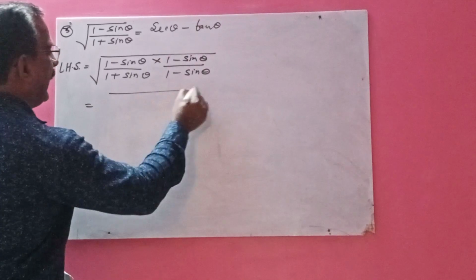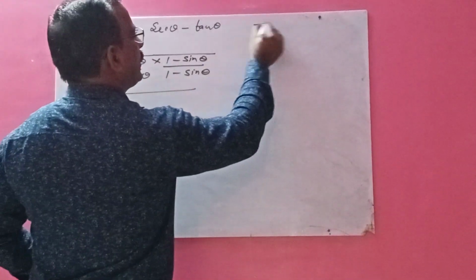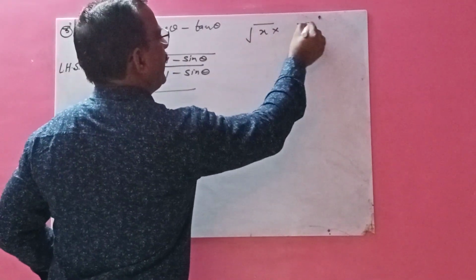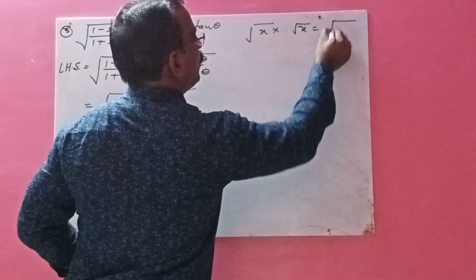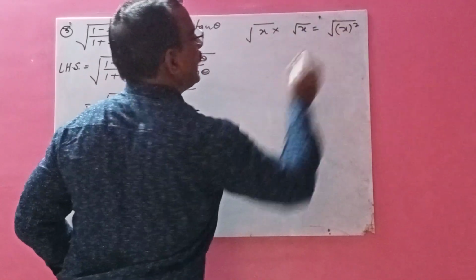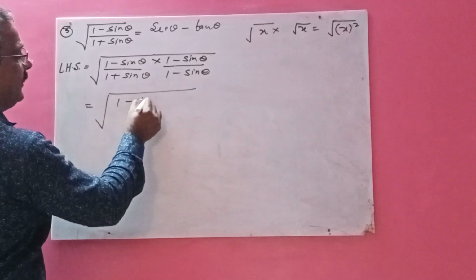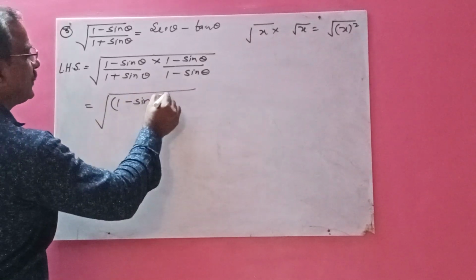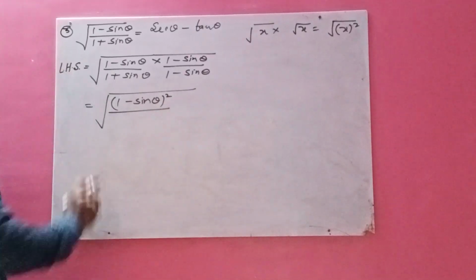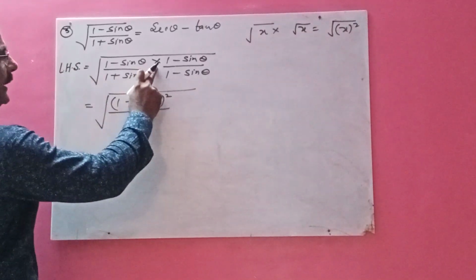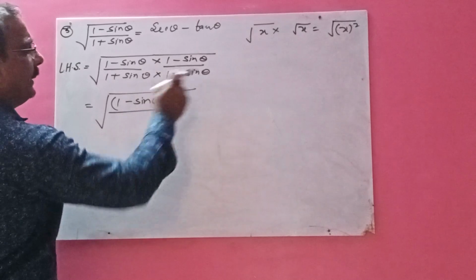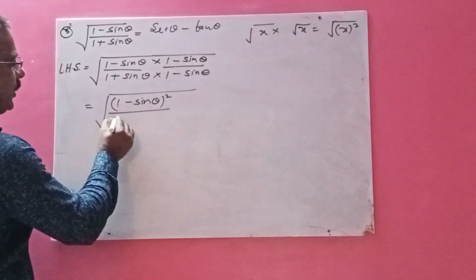Now 1 minus sine theta, again 1 minus sine theta. So what will happen? Like here root x multiplied by root x will become root x the whole square. Same thing is here. It is (1 minus sine theta) the whole square upon, this is (a plus b) multiplied by (a minus b). A plus b, a minus b is what? A square.